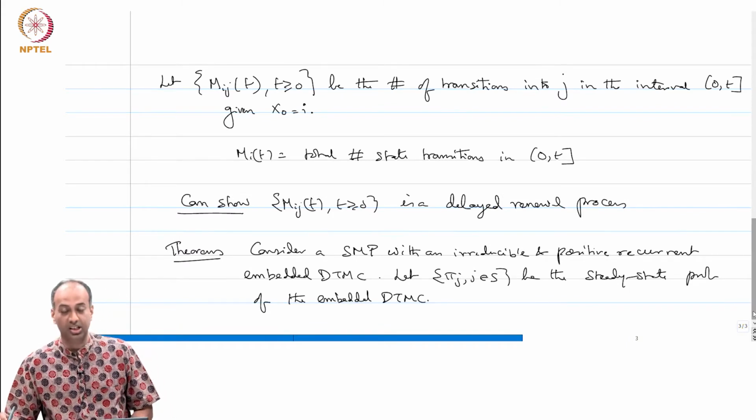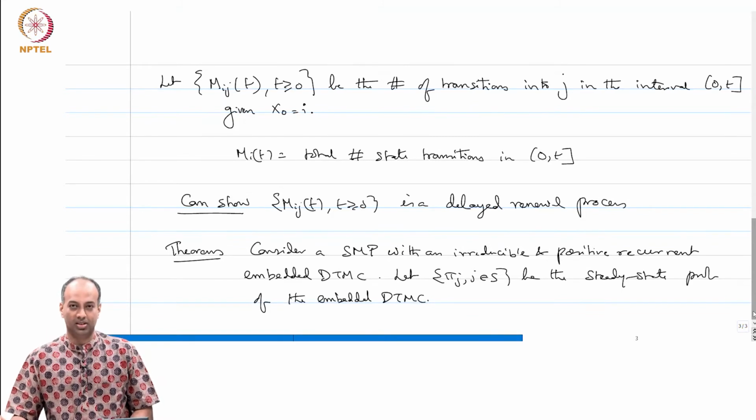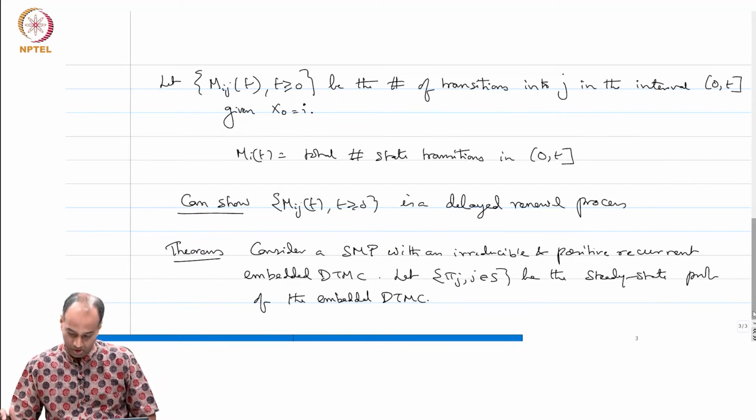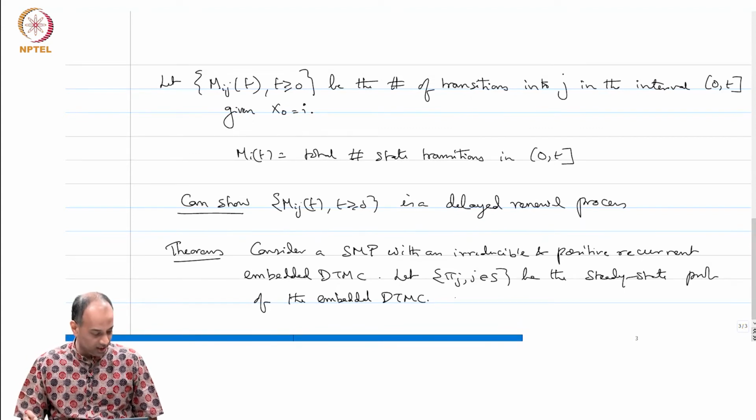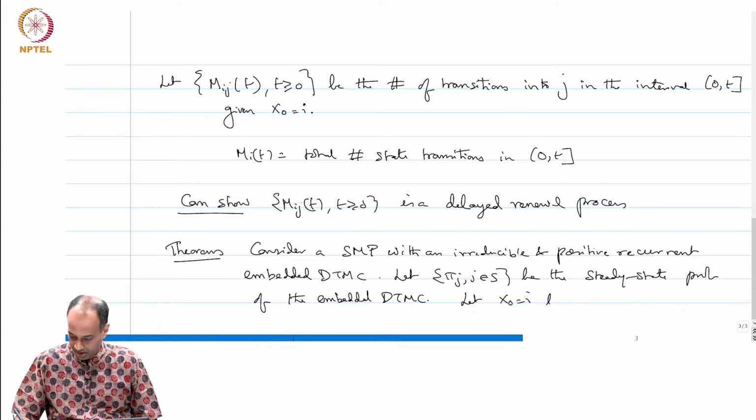So, you are taking a nice embedded Markov chain which is irreducible and positive recurrent, with pi j as its steady state probabilities, and let x naught equal to i be the starting state.